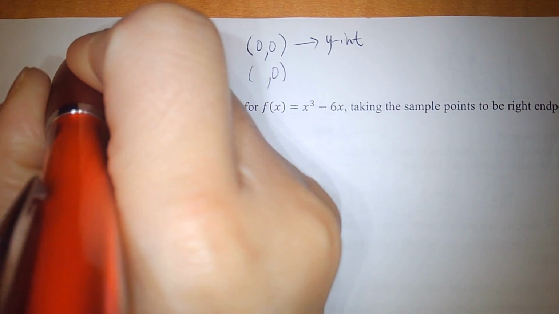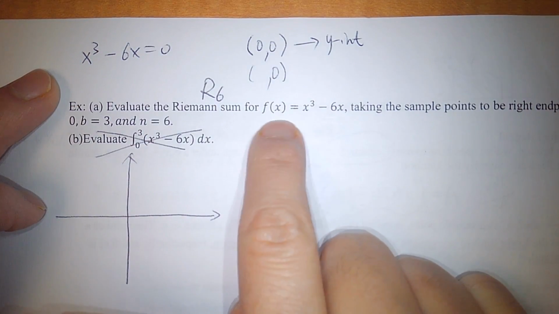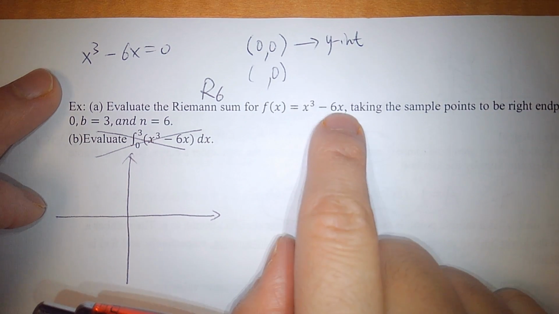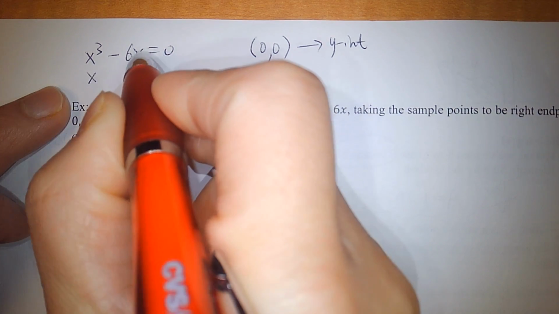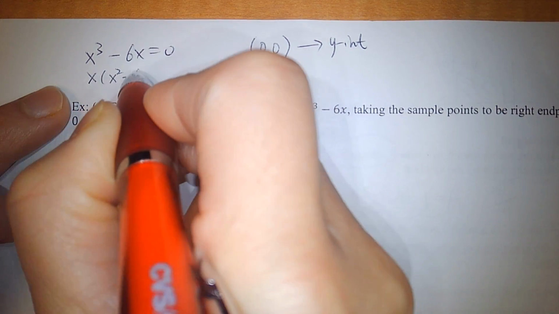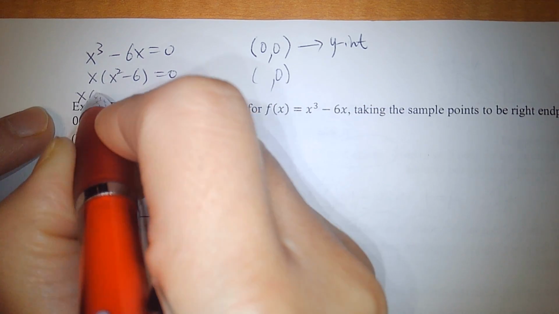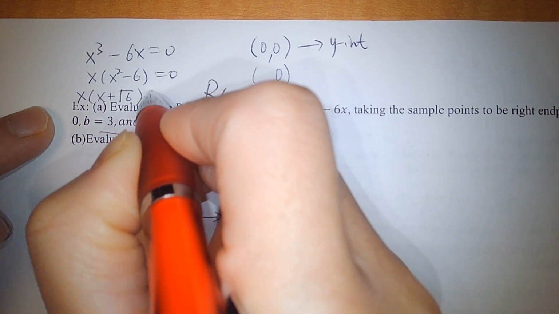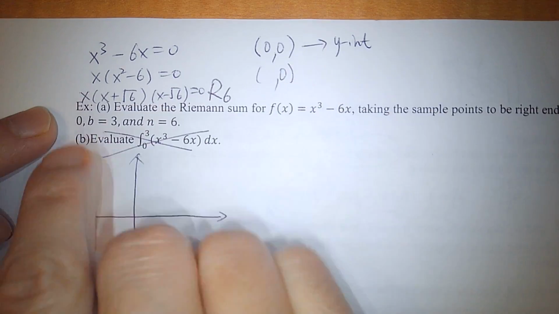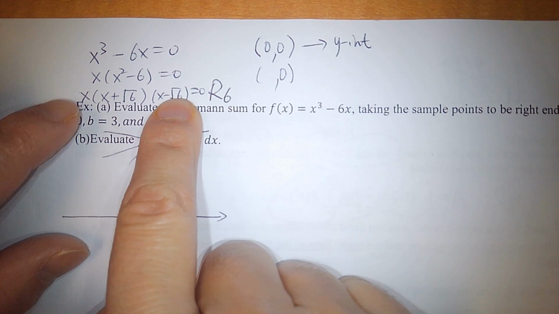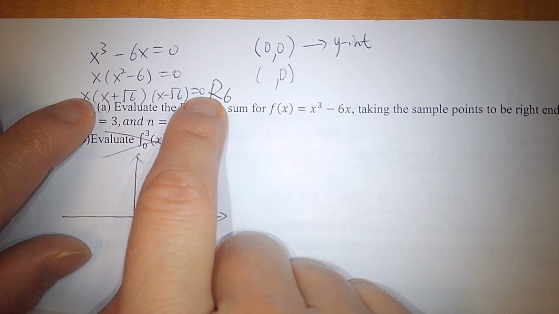So x cubed minus 6x equals 0. Solve for x. Let's see. Factor out x: x squared minus 6 equals 0. So we have x times (x plus square root of 6) times (x minus square root of 6) equals 0. So 3 factors equal 0. Each factor must equal 0, so we have a 0.